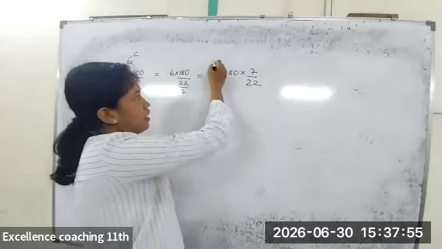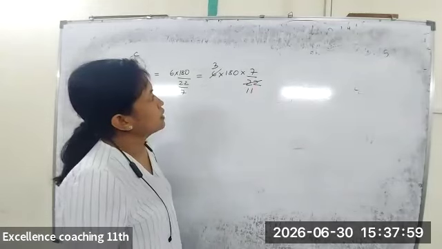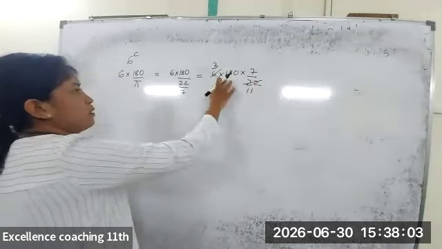Again, you can cancel. I'm cancelling it. 2 3s are 6, 11s are. Anything else is getting cancelled? No. So multiply all these numbers.